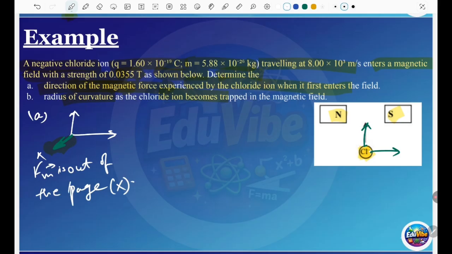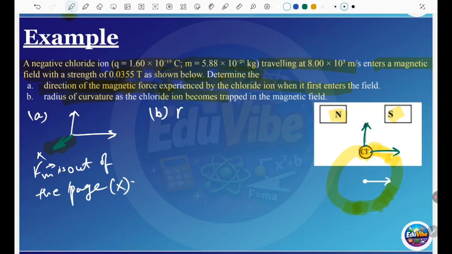The ion goes in a kind of circular motion, and you have to find the radius in that case. You can see that Fc and Fm both point the same way: the centripetal force and the magnetic force.